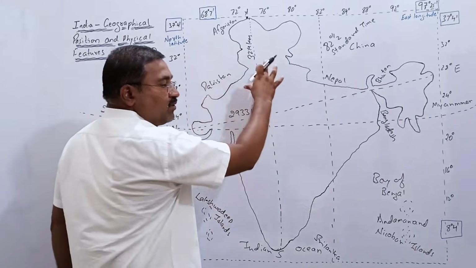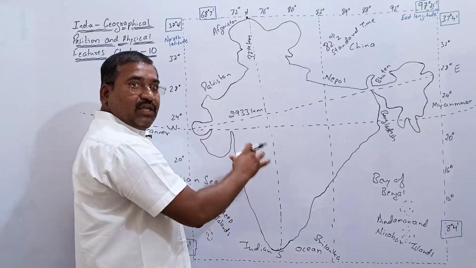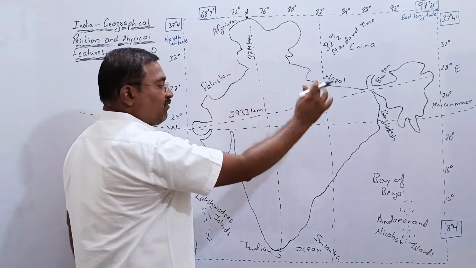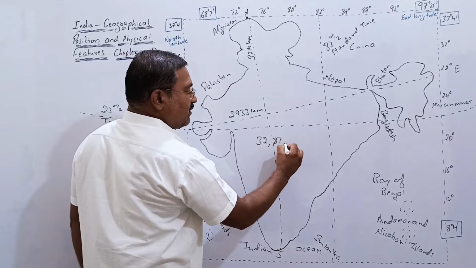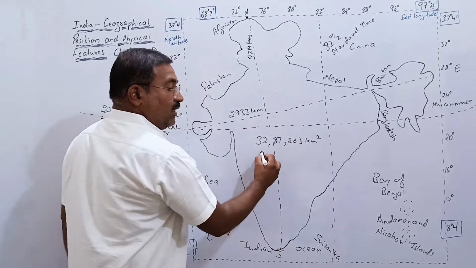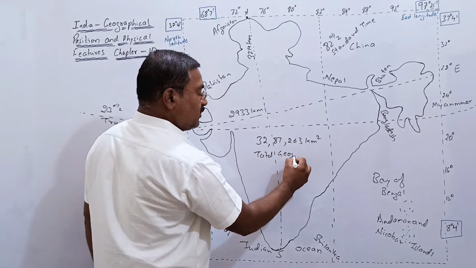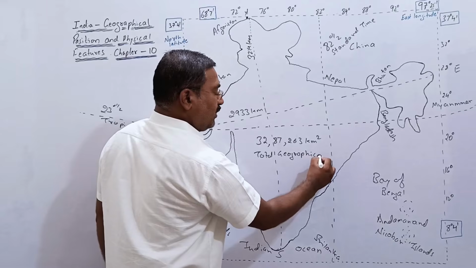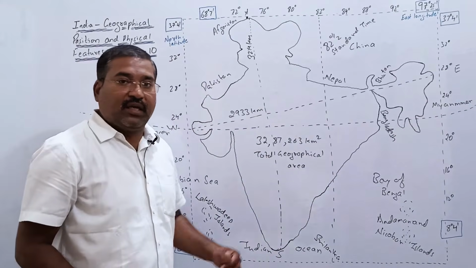Moreover, if we go from the north, west, south as well as east, we have the total geographical area of India. It is 32,87,263 square kilometer of area. It is the total geographical area of the country called India.